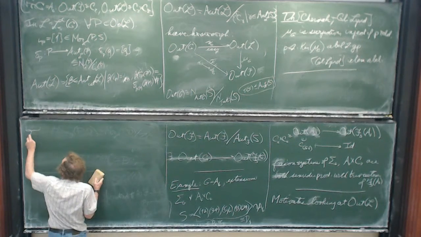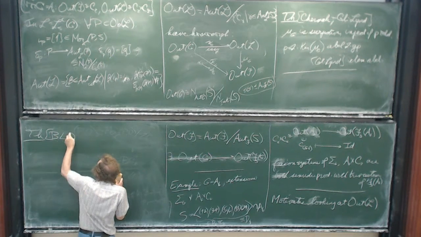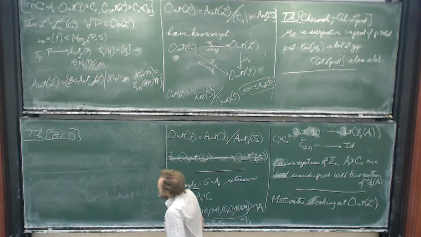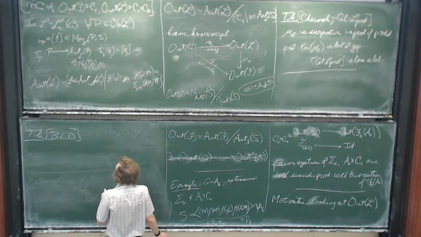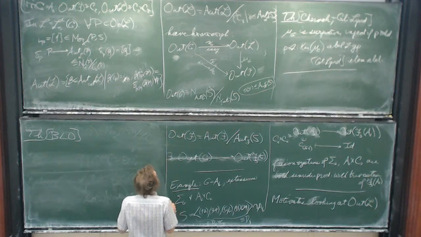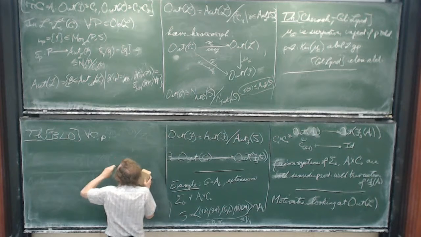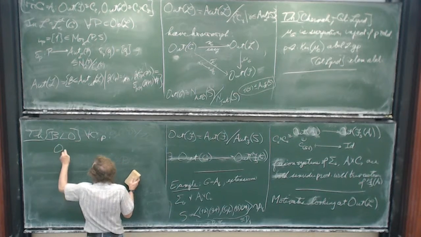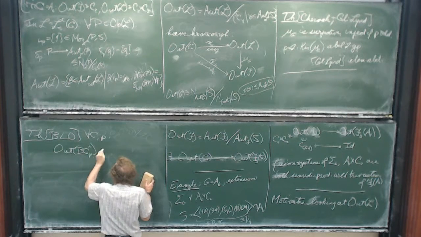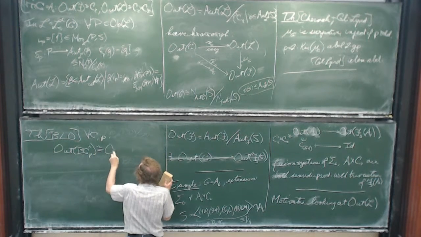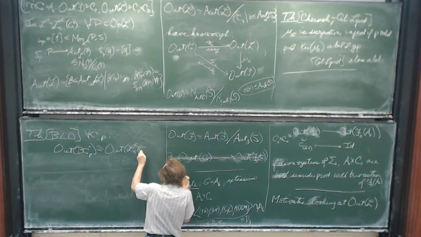Namely, a result of mine with Ron and Carlos that for all p, we have that Out of BG p completed is isomorphic to Out of the linking system.